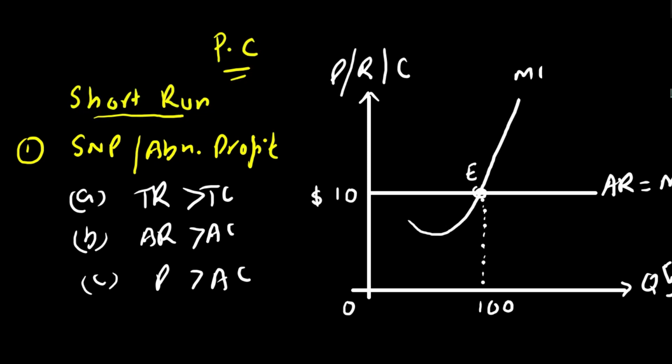Now, what we need to do is we need to find out total revenue that firm will receive by charging $10 price and by selling 100 units of the product. So we will multiply price and quantity. The formula to calculate total revenue is P into Q, price into quantity. Price charged is $10 and quantity sold is 100 units.